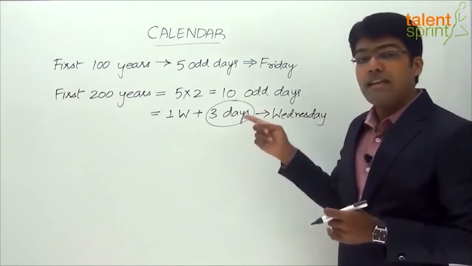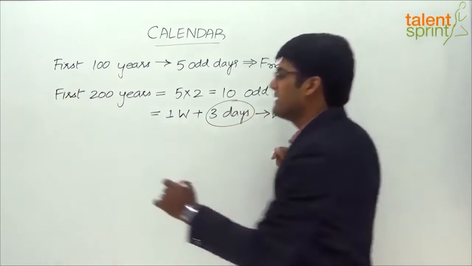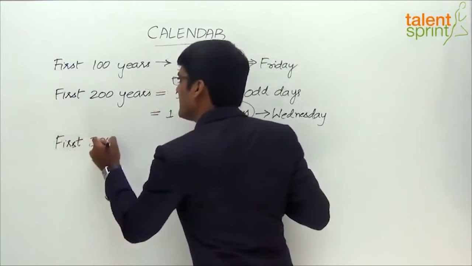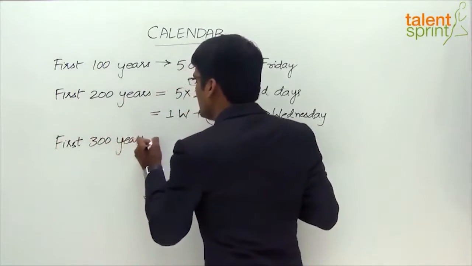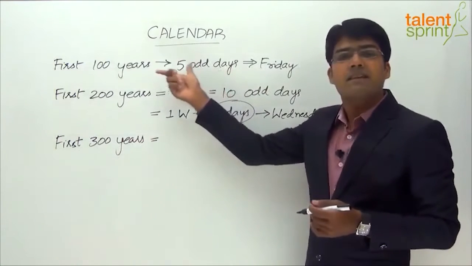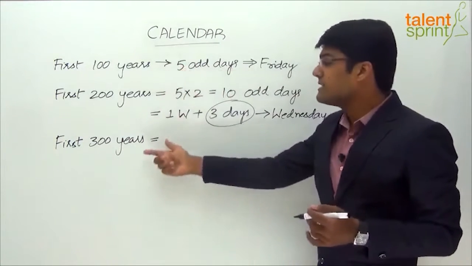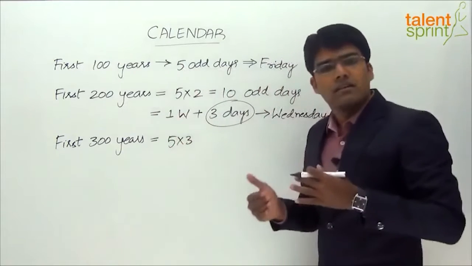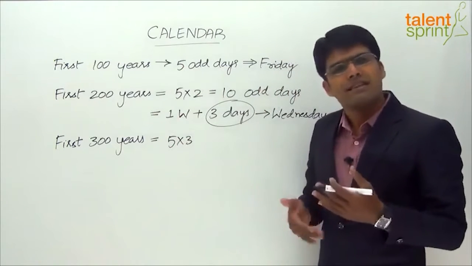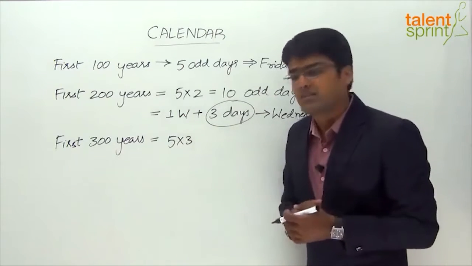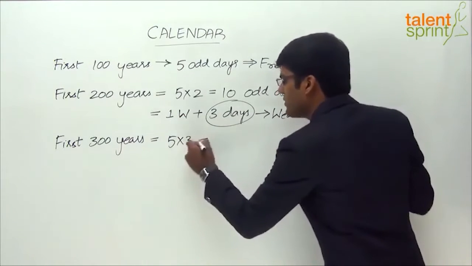Let's continue and see the number of odd days for the first 300 years. Now, going by the same argument, since there are 5 odd days in the first 100 years, the number of odd days in the first 300 years would be 5 into 3. Since the number of leap years and ordinary years is the same for the first century, the second century as well as the third century, the total number of odd days would be 15.